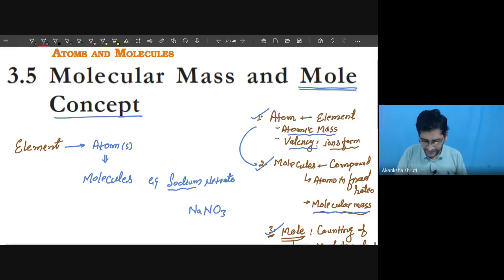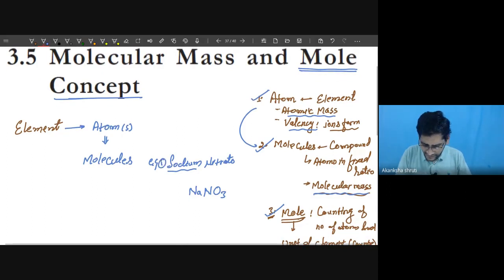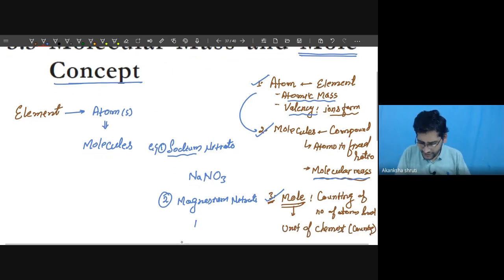and it simply acts as NaNO3. But if we take magnesium nitrate, then magnesium Mg has to be written in its ion form. So Mg is able to form Mg2+, and this nitrate is NO3 with 1 unit negative.